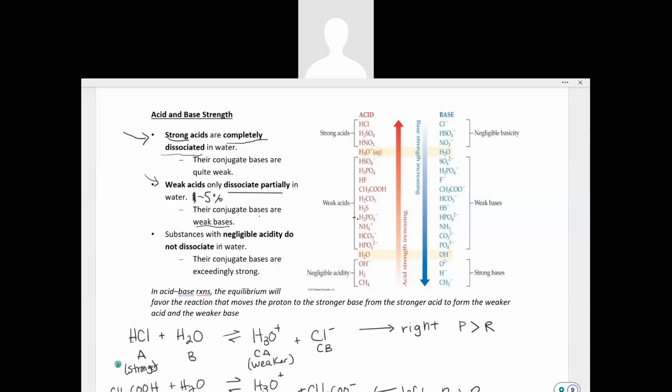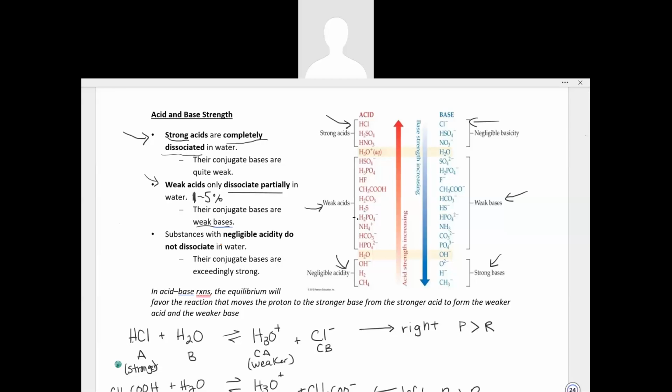So what we have here, our strongest acids give us the weakest bases. Our weak acids generate weak conjugate bases. And we can see this last relationship down here, that strong bases will give us weak conjugate acids.